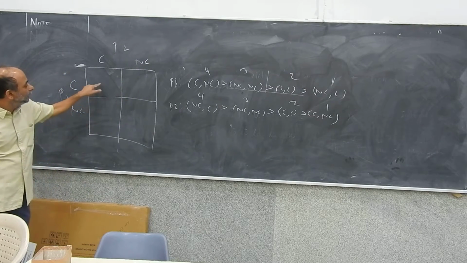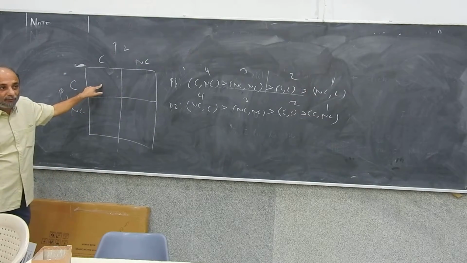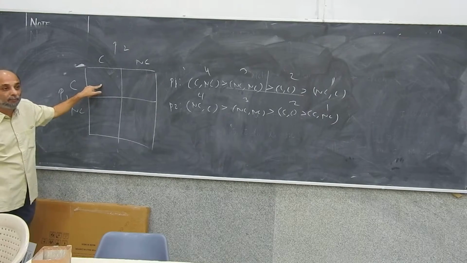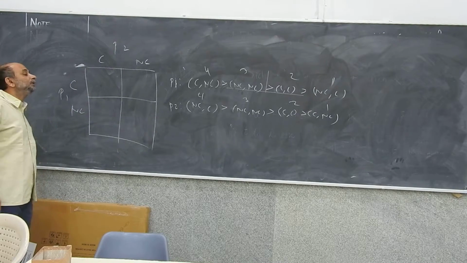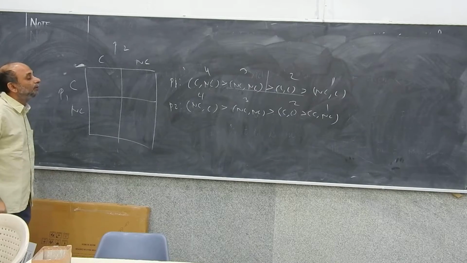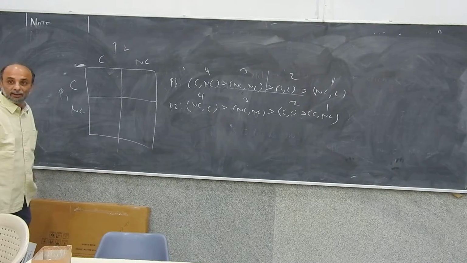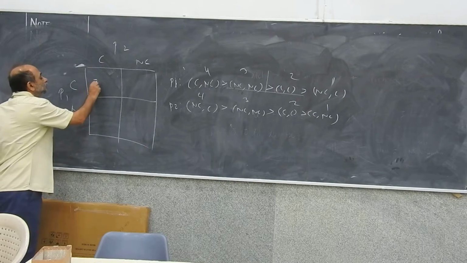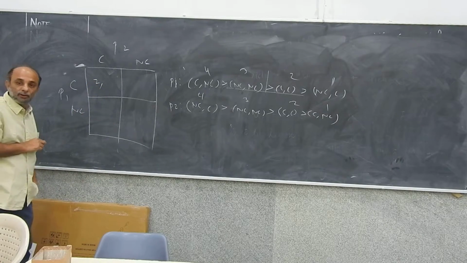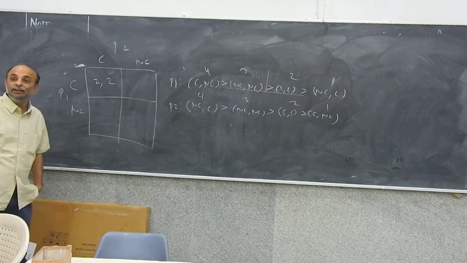Okay. Now this means that player 1 chooses C and player 2 chooses C. If player 1 chooses C and player 2 chooses C, how much does player 1 get? Both of them choose CC. So player 1 gets 2 and how much does player 2 get? 2. Right? So these are the payoffs.